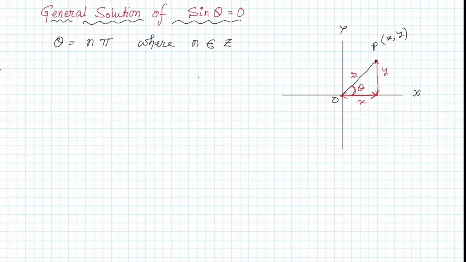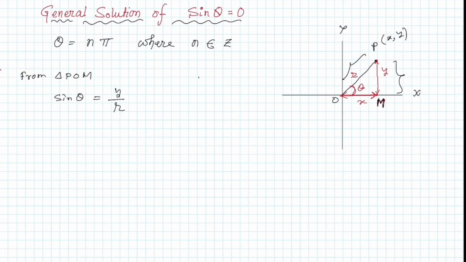Then from this triangle, suppose this point is M. From the triangle POM, we can write sine theta is equal to perpendicular by hypotenuse. So here perpendicular is y and hypotenuse is r, so it will be y by r.